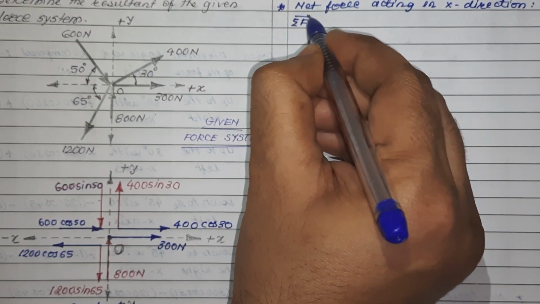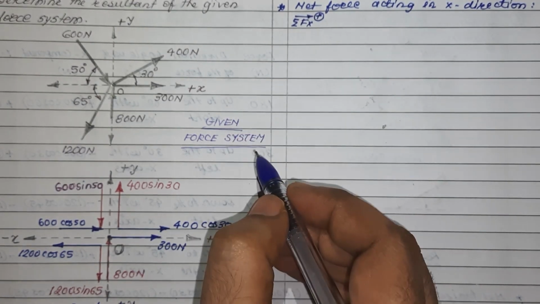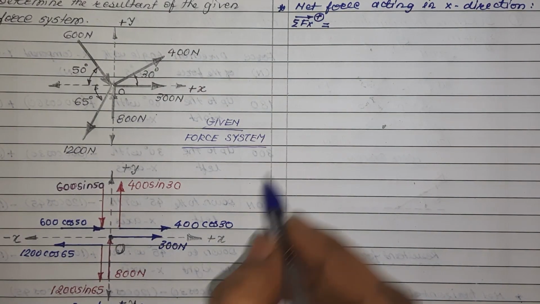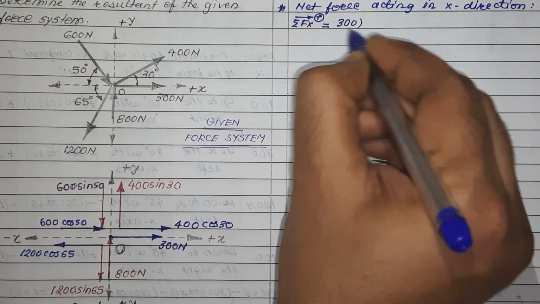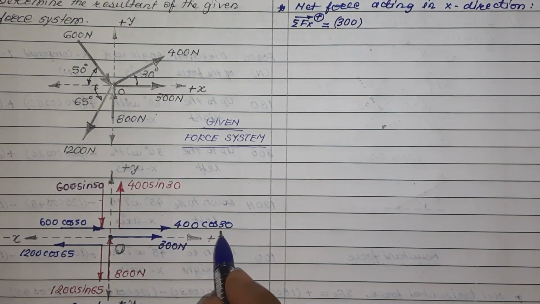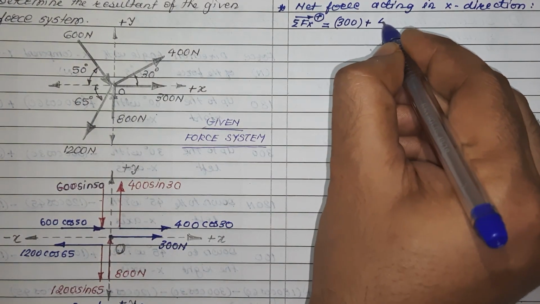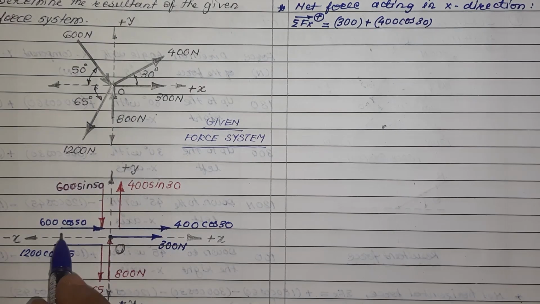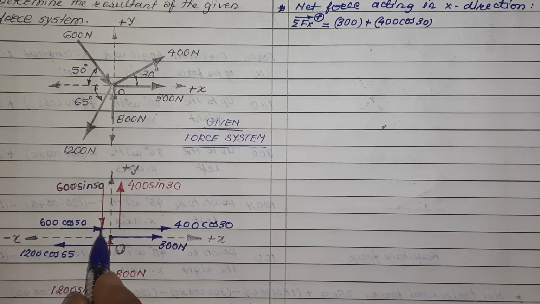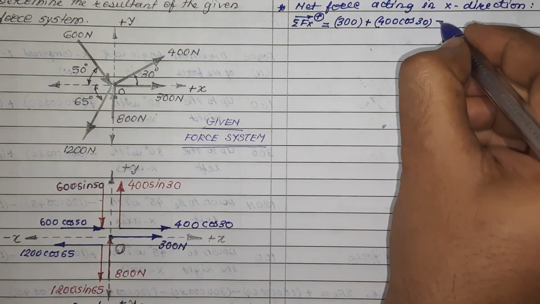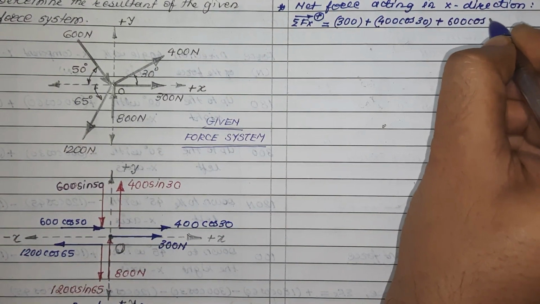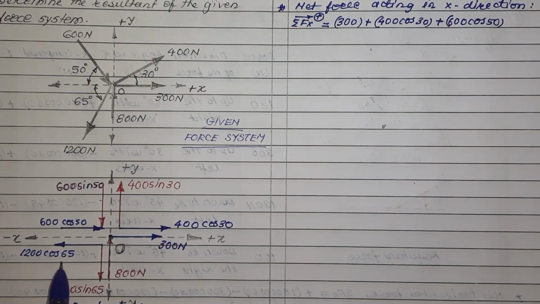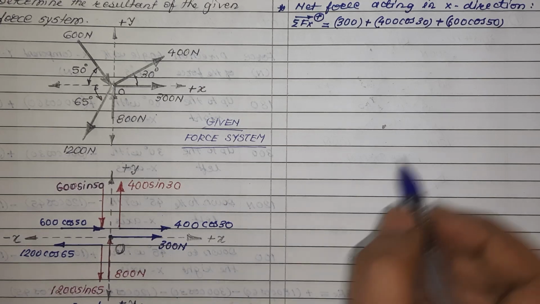Sign convention: rightward force is taken positive, which is equal to positive 300, positive 400 cos 30, positive 600 cos 50 because its arrowhead is rightward, and negative 1200 cos 65 because arrowhead is leftward.